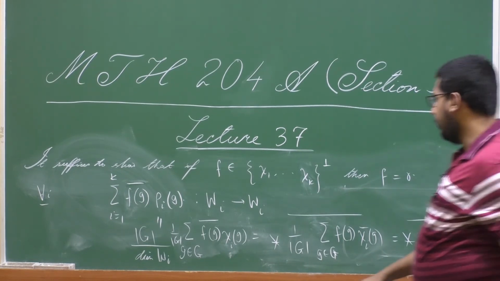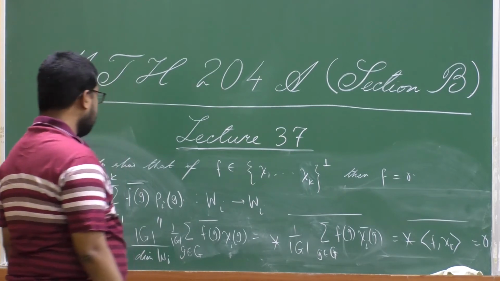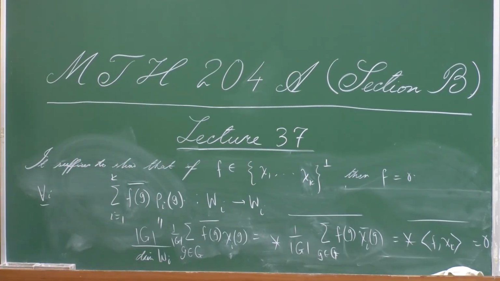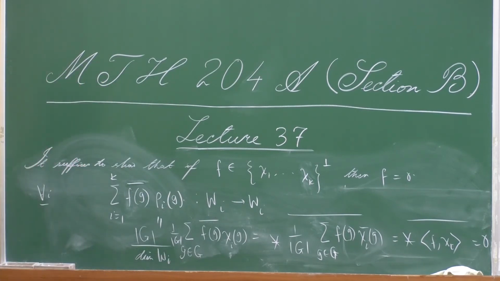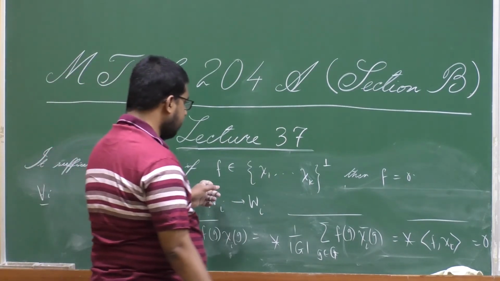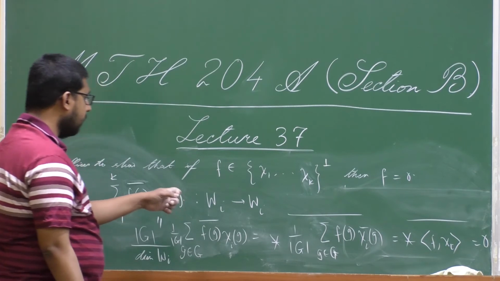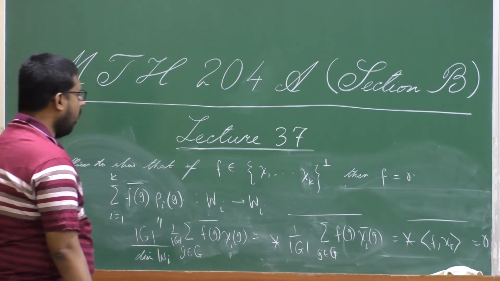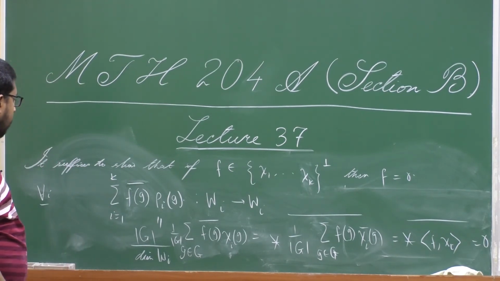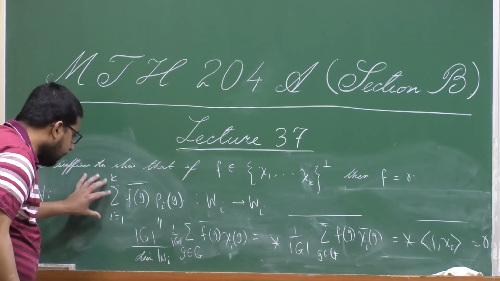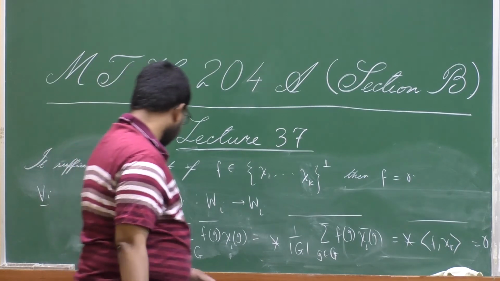I think I should stop here. What we have seen is that if f lies in the orthogonal complement of these functions, then these operators will be 0.